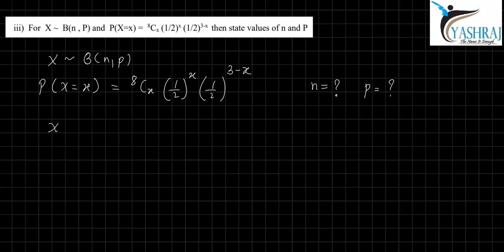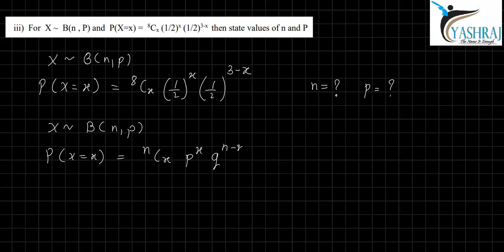So now once X follows the binomial distribution of n, p, then the PMF of the random variable capital X is given by P(X = x) equals nCx p to the power x into q to the power n minus x.